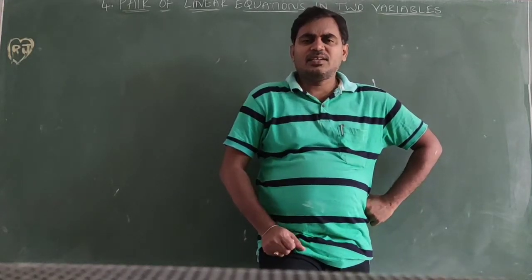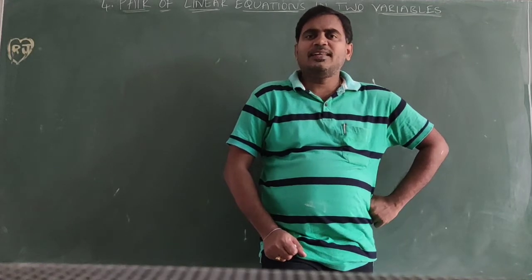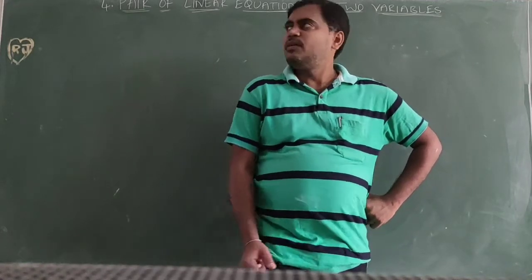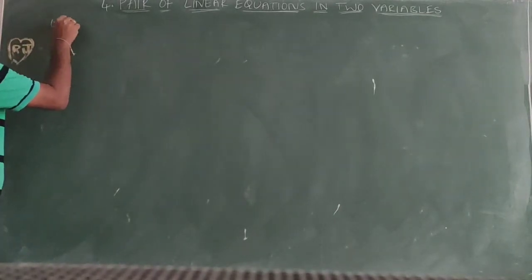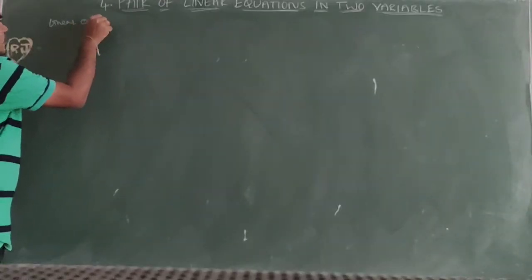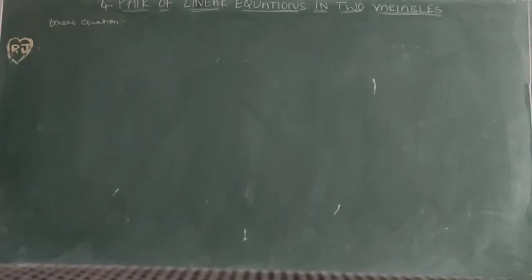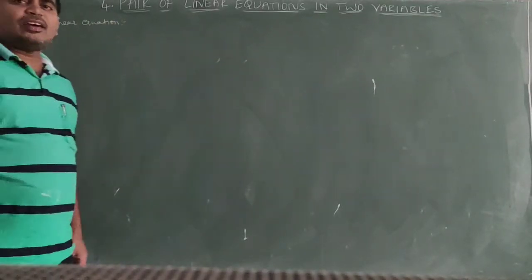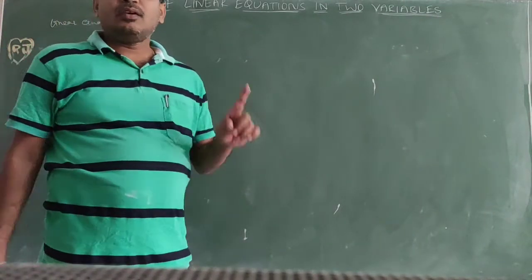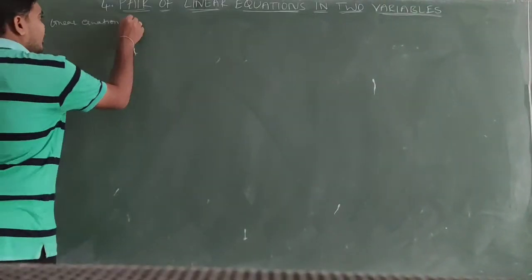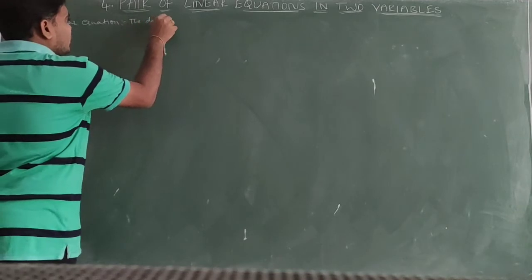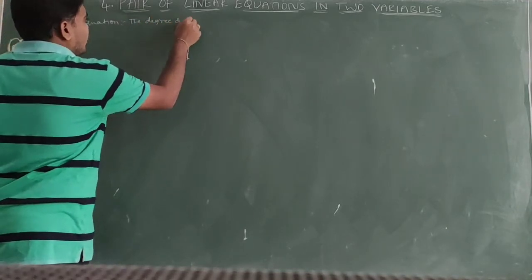Let us discuss this unit. First, what is a linear equation? A linear equation is one where the degree of the variable is equal to 1. The degree of an equation equal to 1 is called a linear equation.